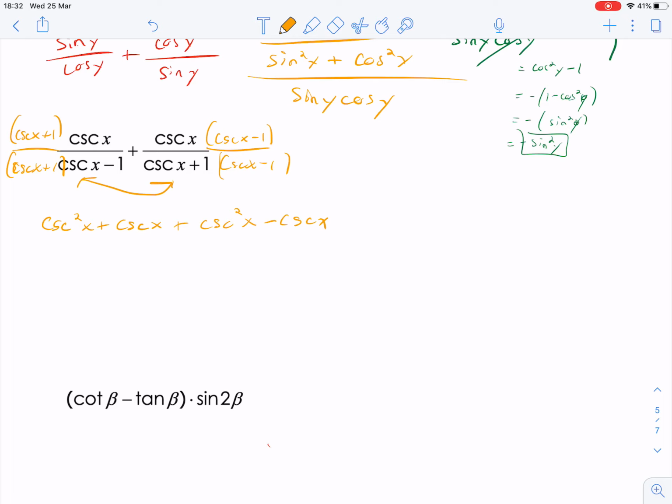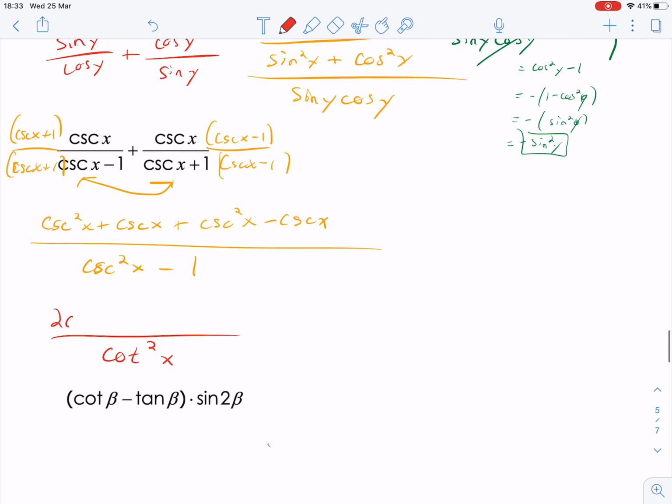Did that help us? All over cosecant squared x minus 1. I think that does help us. So the bottom we know is cotangent squared of x. The top, we get 2 cosecant squared x, and these guys cancel out.